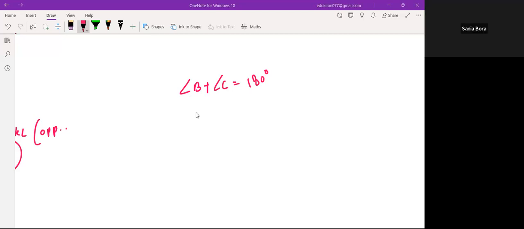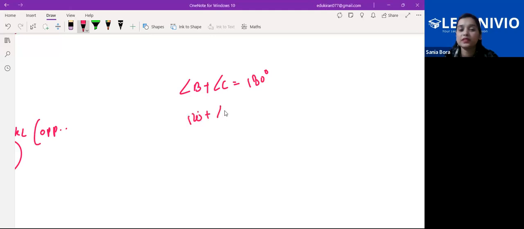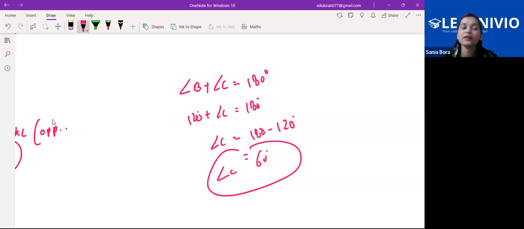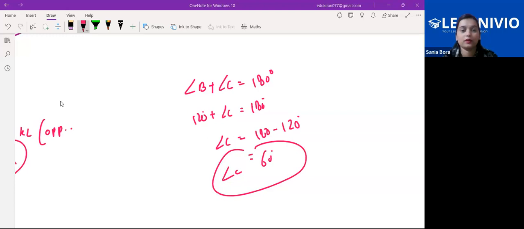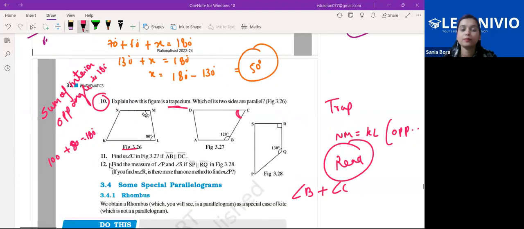So 120 plus angle C equals 180 degrees, right? So angle C would be 180 degrees minus 120 degrees. What did you get? 60. So angle C equals 60 degrees. Fine? Yes, ma'am.